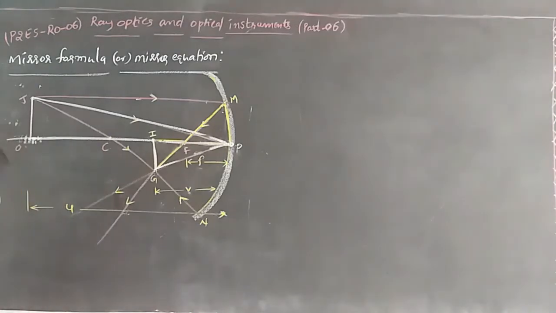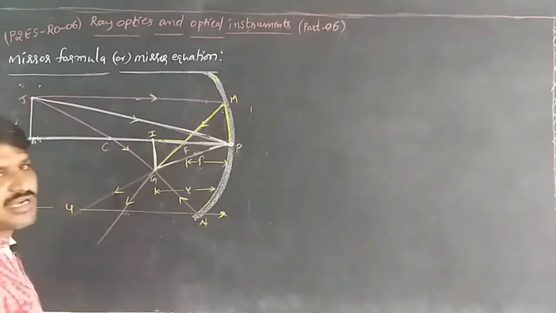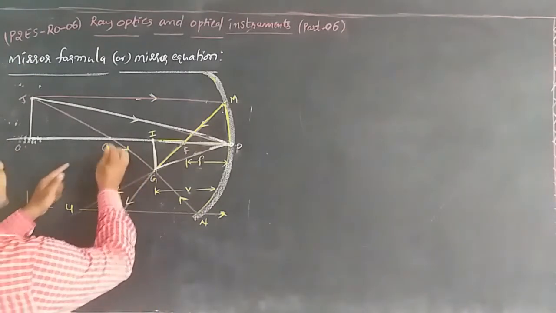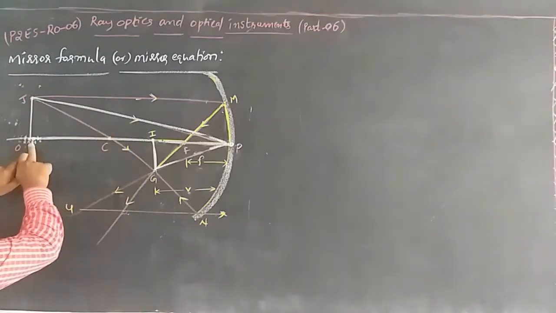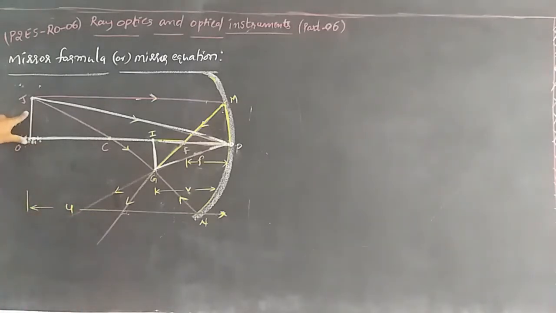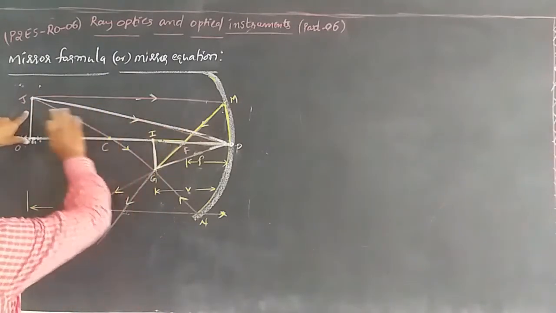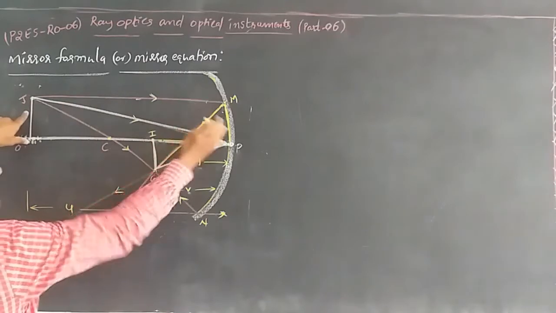Here we are taking a spherical concave mirror, and its object OJ is placed beyond the center of curvature of the mirror. Three rays pass from the object and are incident on the mirror.